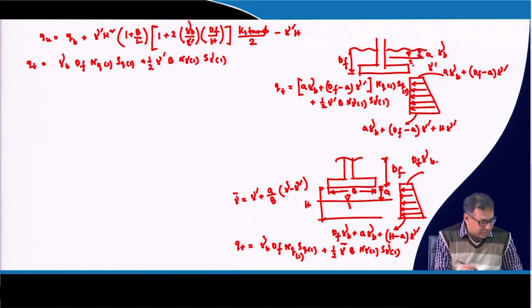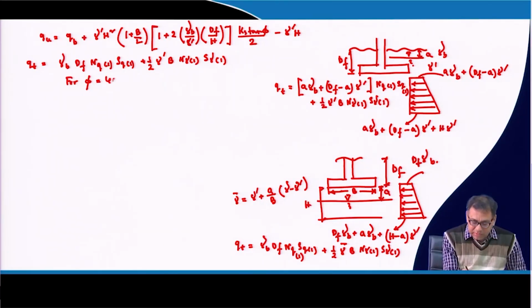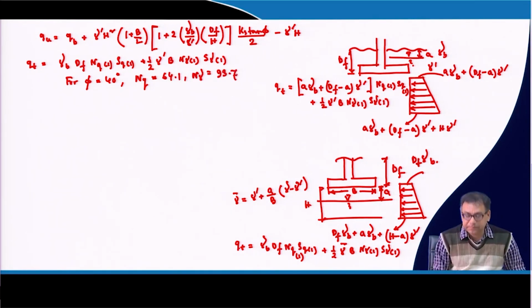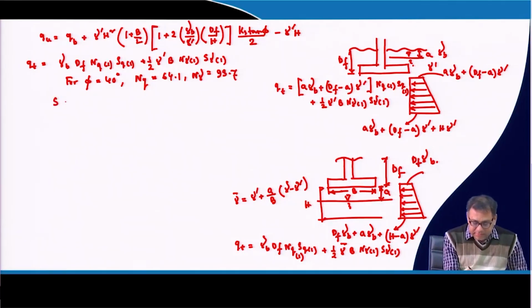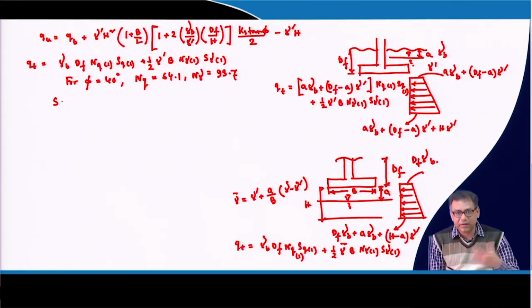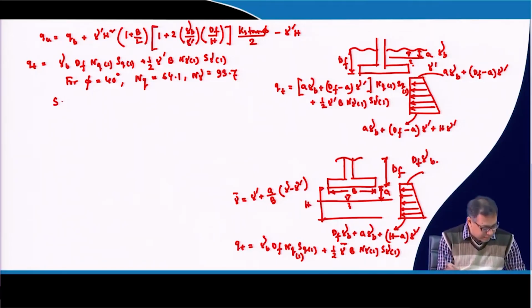Okay. So now, for our case, if I calculate QT, I have to calculate the shape factor also. First we take phi equal to 40 degree. In such case, for Meyerhof bearing capacity, Nq is 64.1 and N gamma is 93.7. And Sc we are not calculating, because the first term is 0 as c equals 0.